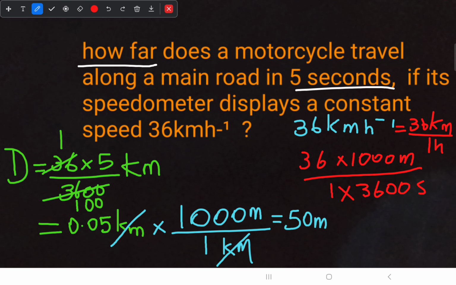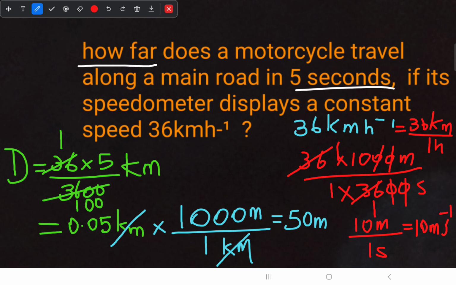Then I'll simplify directly. These zeros can be cancelled with those zeros, and 36 can be simplified with 36. So this is 10 meter upon 1 second. So the speed became meter per second units: 10 meter per second.